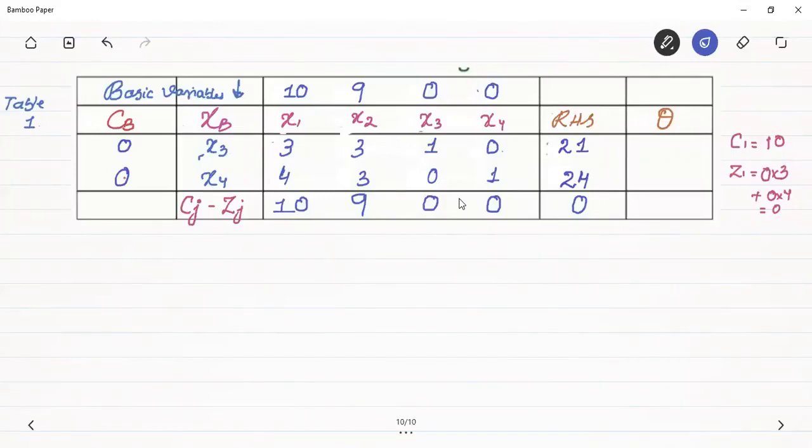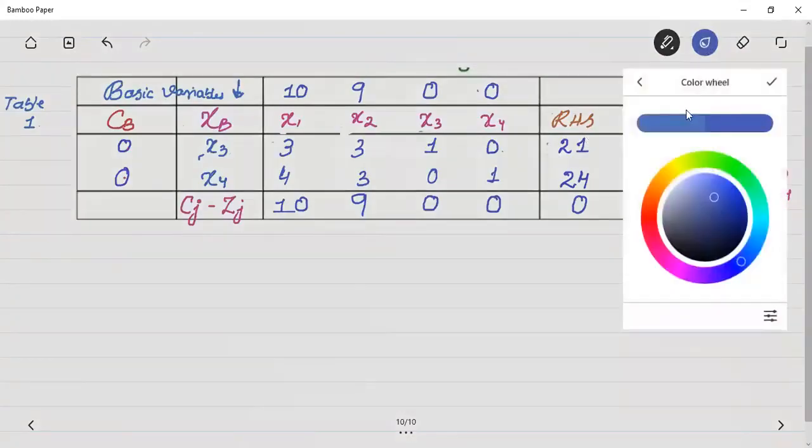What we have to do now, we have to select the entering variable and we have to select the leaving variable.